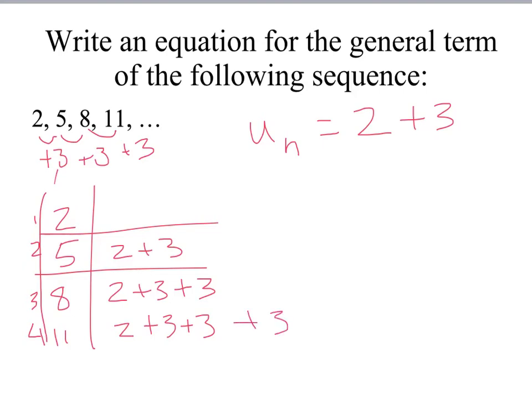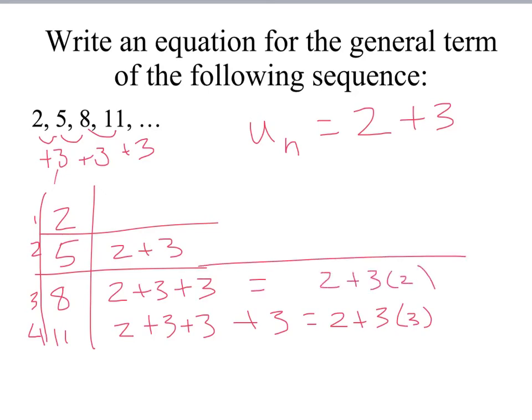So if I were to rewrite this, it'd be 2 plus 3 times 3. And this one would be 2 plus 3 times 2. And this one would be 2 plus 3 times 1. And the 2 could actually be written as 2 plus 3 times 0.